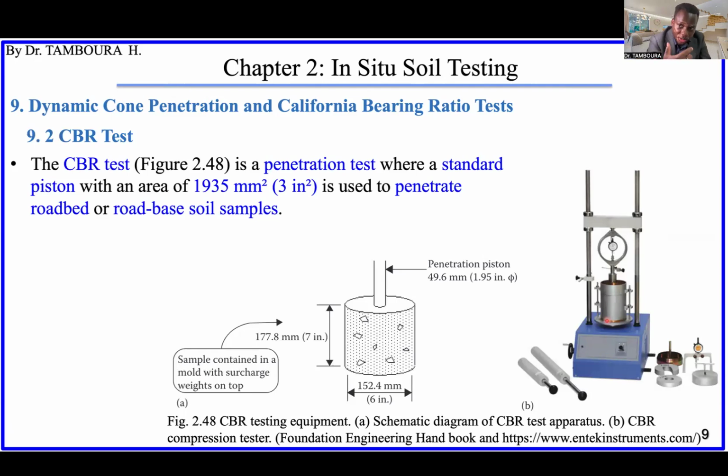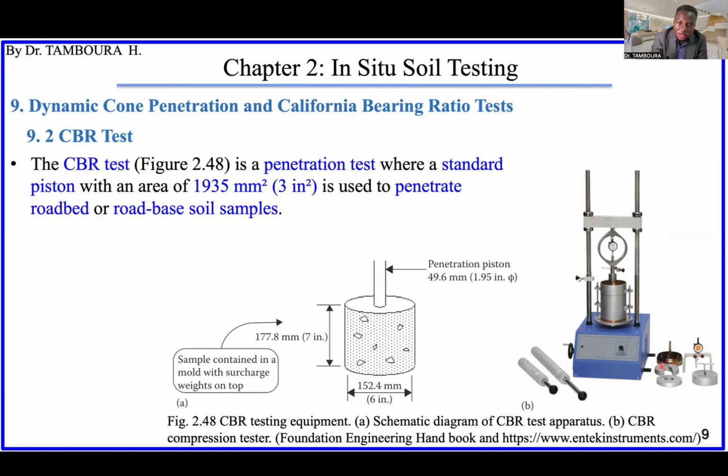Okay, if you remember your Proctor test, the compaction test in soil mechanics, then you know this mold already. So the soil inside will be compacted exactly like what you used to do with the Proctor compaction. Okay, then you use some weights on the soil just to mimic the in situ stress.